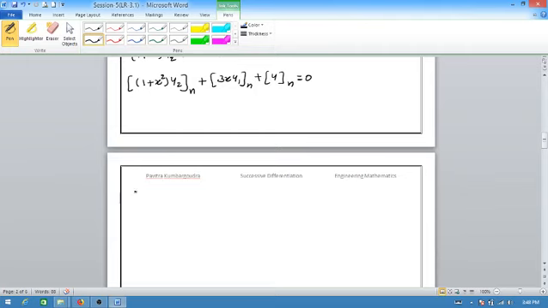The first function, that is u, that is 1 plus x square as it is, nth derivative of y2 is y(n+2), plus nC1 is n, first derivative of 1 plus x square is 2x, n minus 1th derivative of y2 is y(n+1), plus nC2 is n into n minus 1 divided by 2 factorial, next differentiation of 1 plus x square is 2, then the n minus 2th derivative of y2 is yn, right?